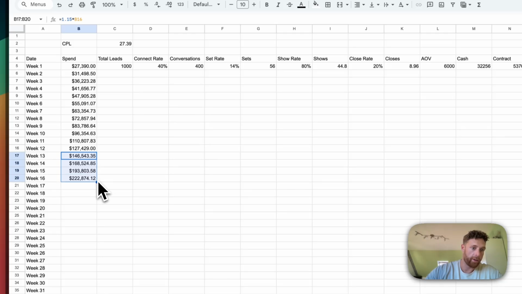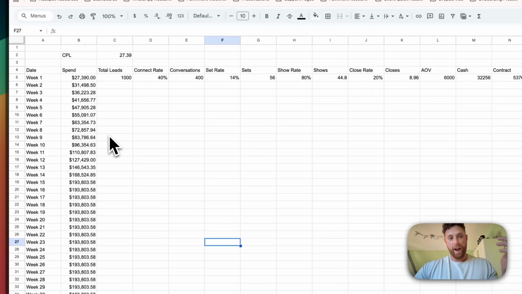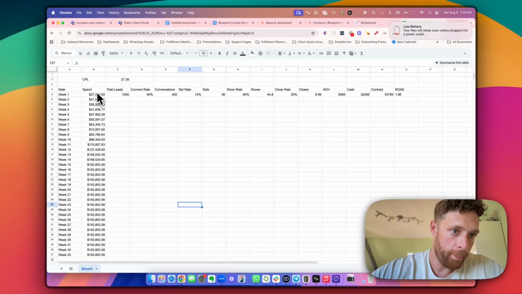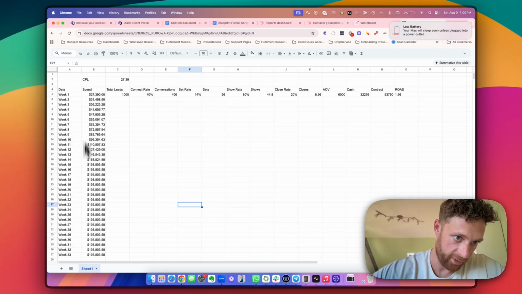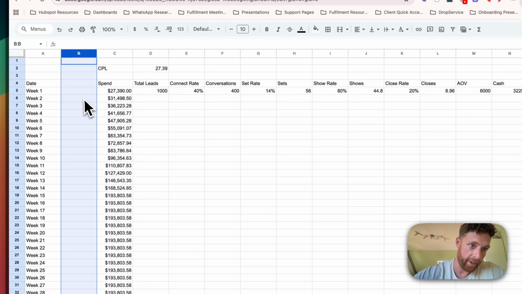I thought it's going to be right around here. And then we're just going to do equals this and drag this down. So you can scale your ad spend however you want. You can even add an extra column here and put a percentage adjustment, so it's showing you how much you're actually scaling by.